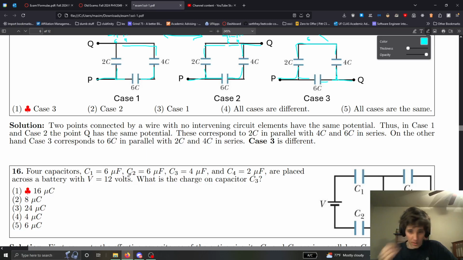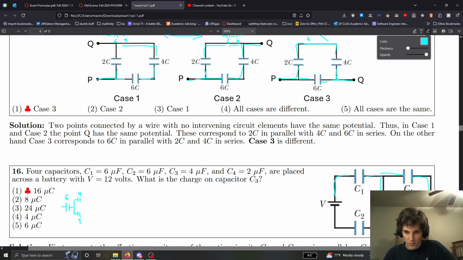Okay. These ones are kind of a lot of work, but yeah. Okay, let's redraw it. So we start with capacitor 1, so it's 6. And then it splits off into 3 and 4. So it splits into 3, which is 4, and 4, which is 2.